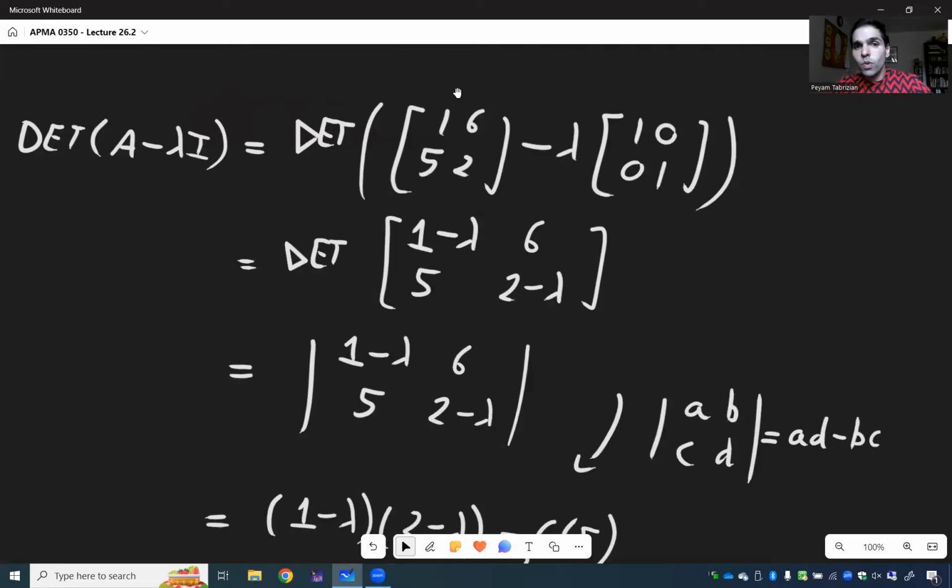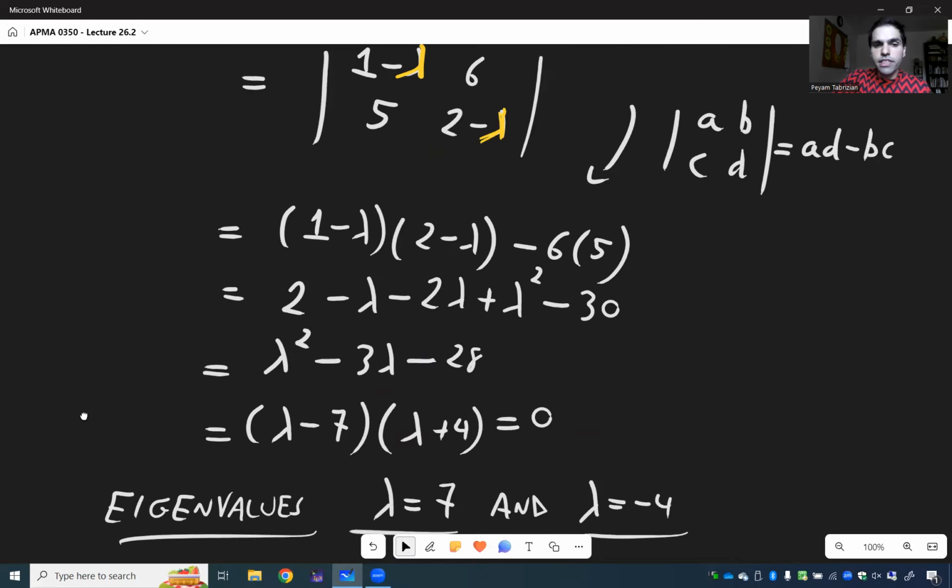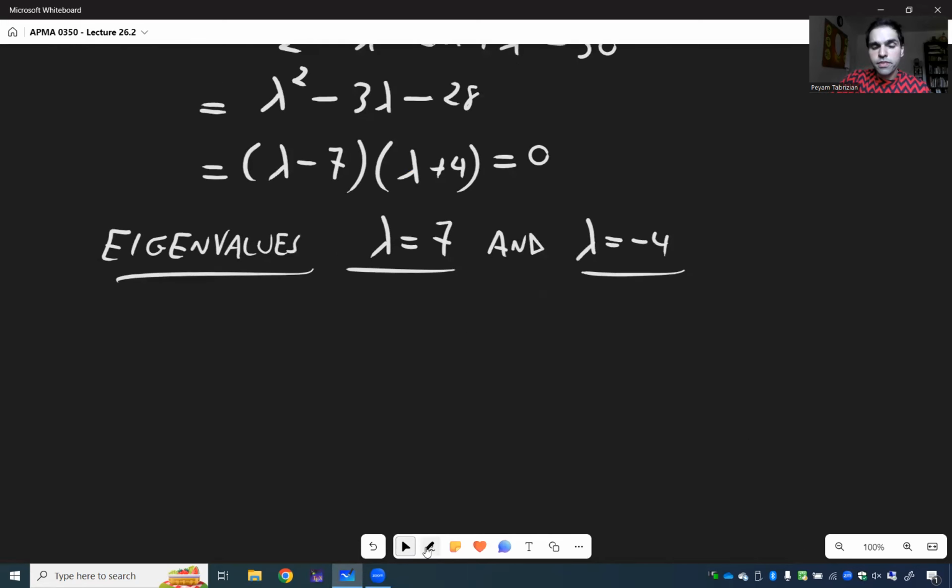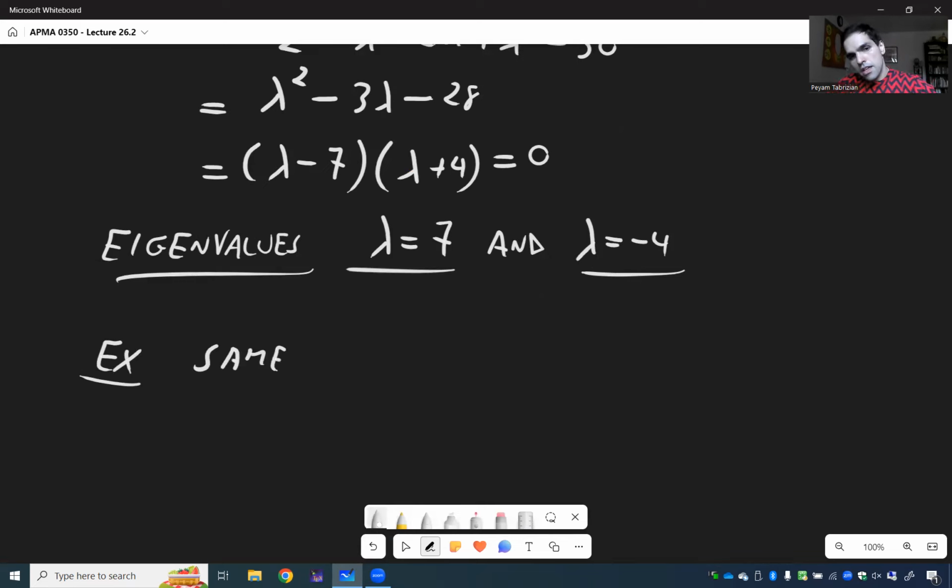The matrix was [[1, 6], [5, 2]], and really all we did was subtract lambda from the diagonals. So in fact, let's do the same thing, but faster. So let's do the same, but with A being [[0, 6], [minus 1, 5]].